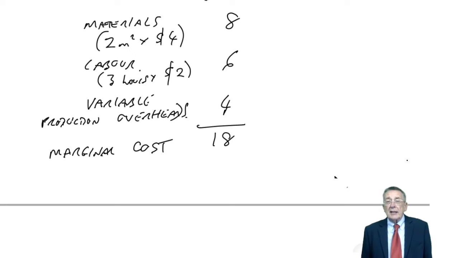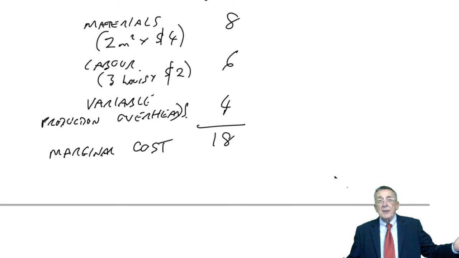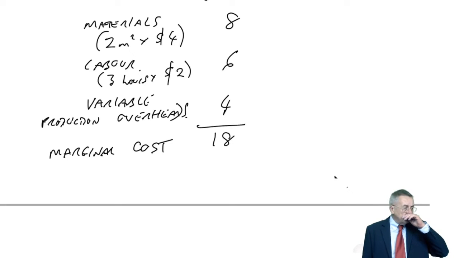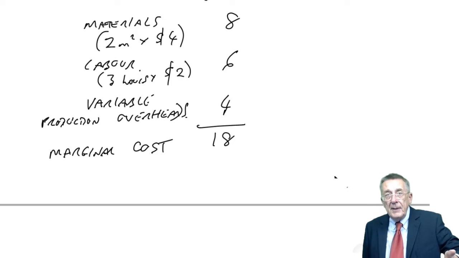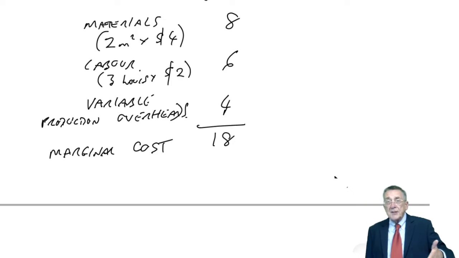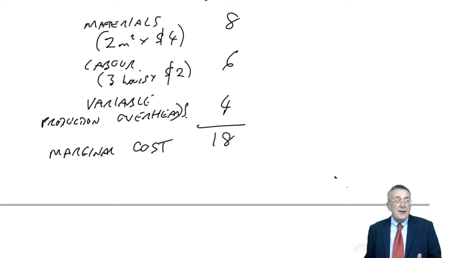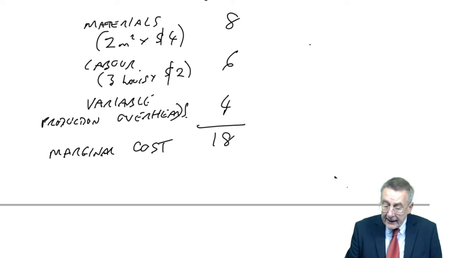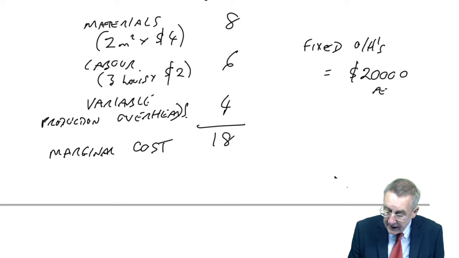Maybe I'm paying $20,000 a month to rent the factory, however many units I produce, whether it's 1,000 or 10,000. It's fixed. So still making up figures, the fixed overheads, the rent of the factory, I budgeted on $20,000 per month.